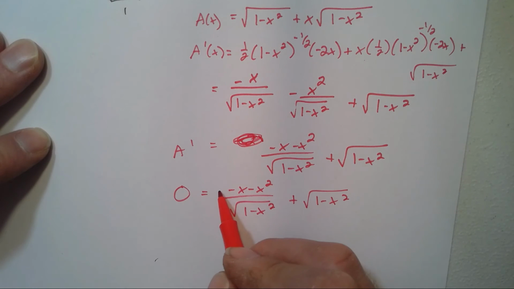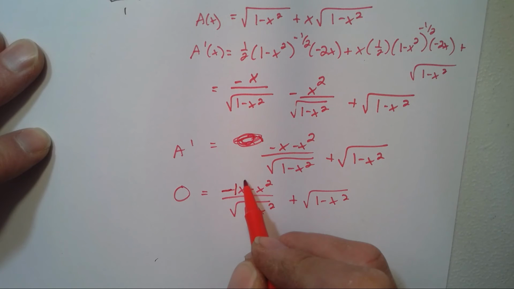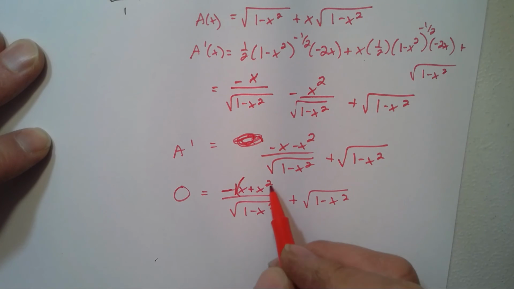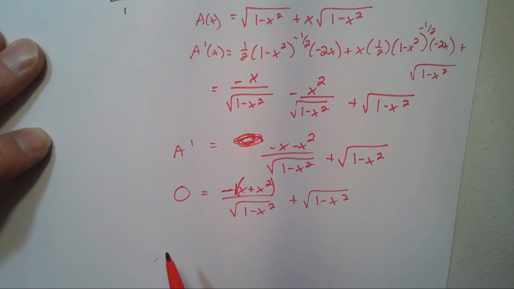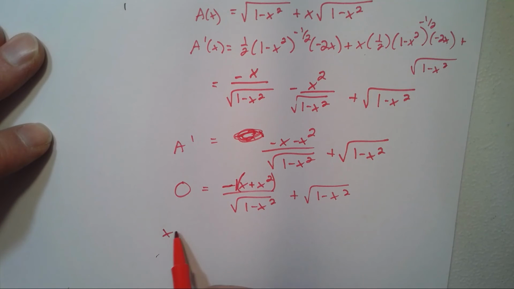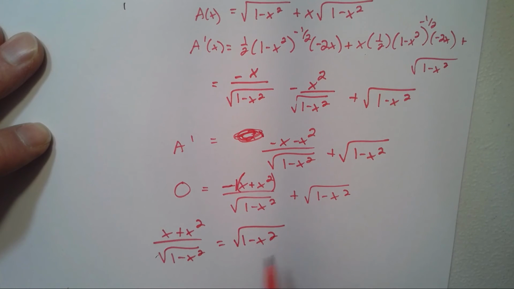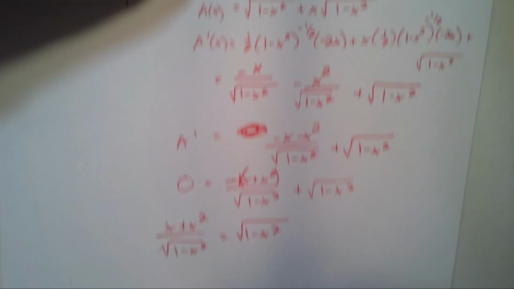So I could think of that as negative 1 times that. So if I add it to the other side, we get x plus x squared multiplied by the square root of 1 minus x squared.